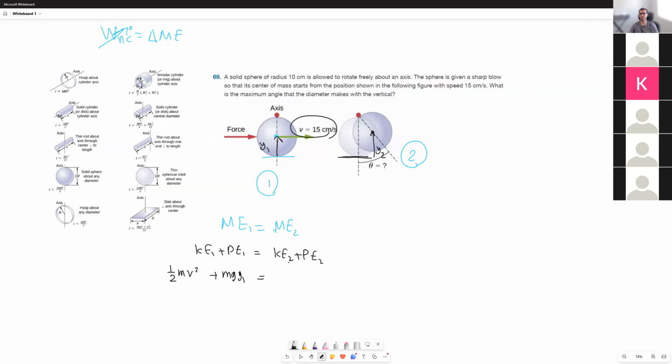Zero, exactly, Eric. Kinetic energy 2 is zero. It says up to what height it's going to go up. At the highest point, it's going to stop. So kinetic energy 2 is equal to zero, and potential energy 2 is equal to mgy2.